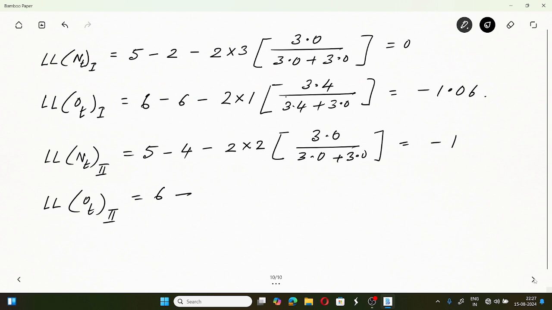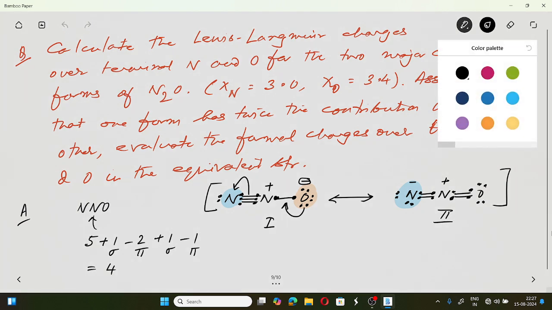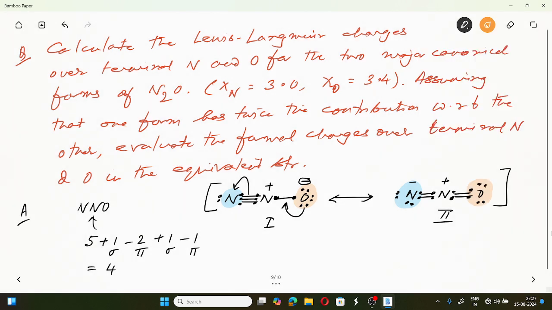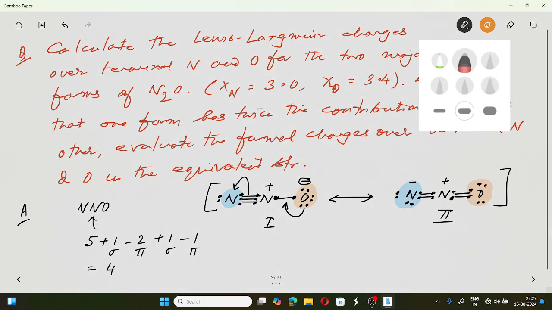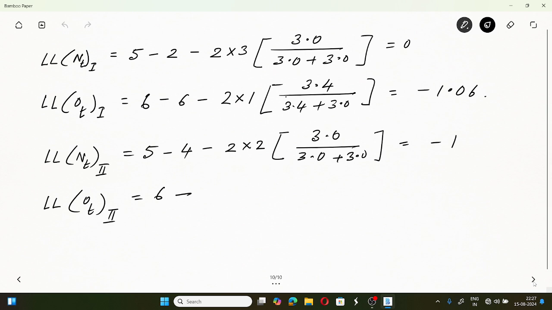Number of electrons in the lone pair: look at the second structure, how many electrons? 4 electrons in the lone pair, and it is forming 2 bonds with the central nitrogen.